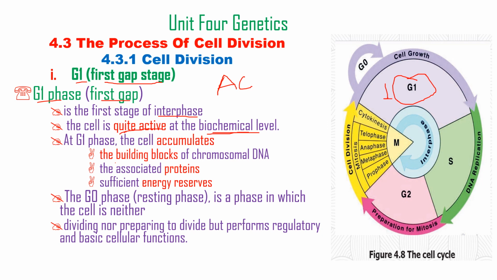What does the cell do here? Accumulation, meaning collecting. First, the building blocks of chromosomal DNA: since chromosomes duplicate, it collects material that can multiply chromosomes. And it also accumulates proteins needed for the next part. And it also accumulates sufficient energy for the rest of the phenomena that happen in cell division. Since cell division needs energy, it stores energy to finish this step. So the G0 phase is known as the resting phase.